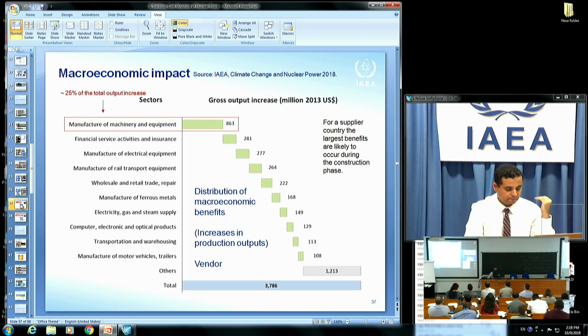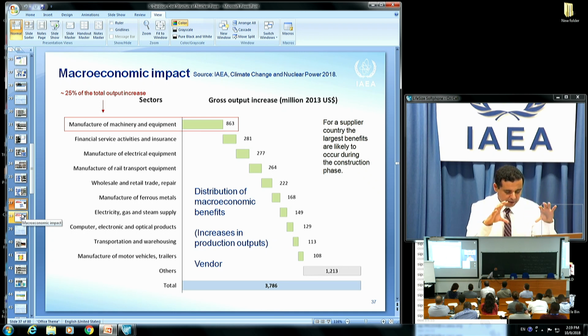Slide 37. This slide is from a real case, which shows how macroeconomic benefits, increases in production output, and increases in turnover for the different businesses within a country, are distributed across the different sectors of an economy.